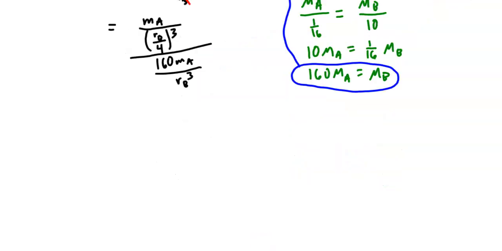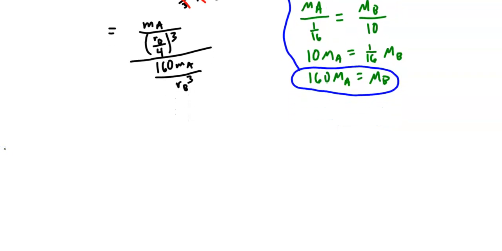And all I have to do is deal with all of this stuff. First off, MA in the numerator, MA in the denominator, the MAs cancel. RB is cubed in both of these, so the RBs are going to cancel out. And then what I have left is essentially 1 over 1/4 cubed over 160.